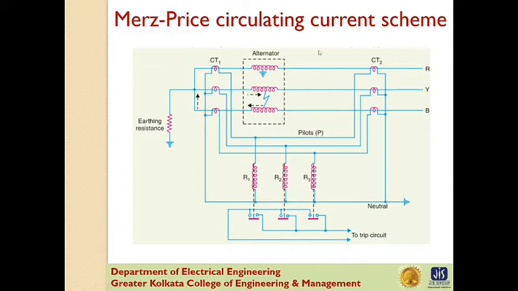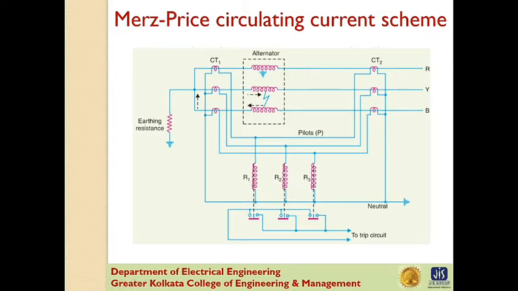Now this figure shows the schematic arrangement of current differential protection for a three-phase alternator. Identical current transformers CT1 and CT2 are placed on either side of each phase of the stator winding.